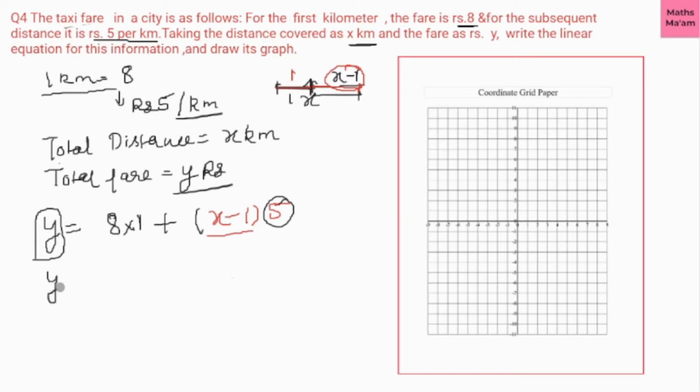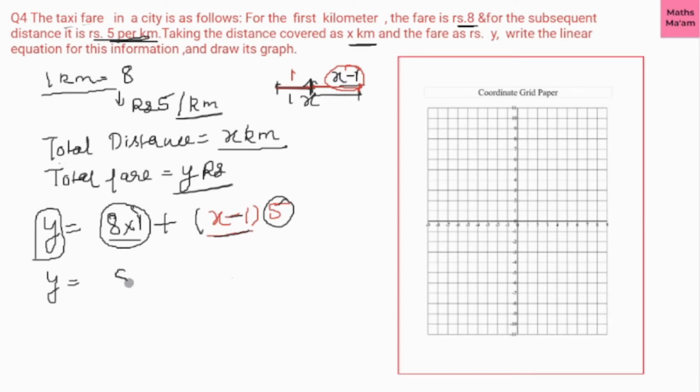So this is the equation form. You understood? First of all we have written for the 1 kilometer 8 rupees, and for the rest distance it is 5 rupees, multiplied by the rest distance, X minus 1, because the total distance covered is X. So we subtracted 1 from it first of all, which is 8 rupees charges. Then we multiply the rest distance with 5, because it says after 1 kilometer the fare is 5 rupees. So X minus 1 times 5.